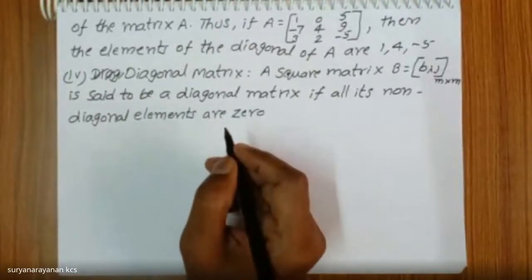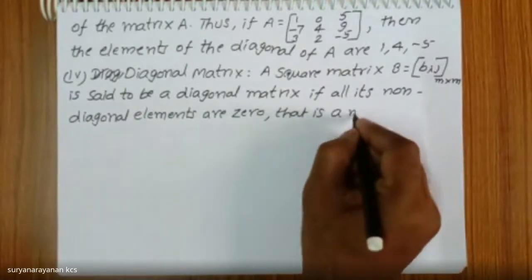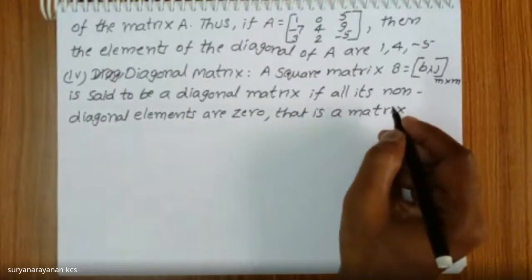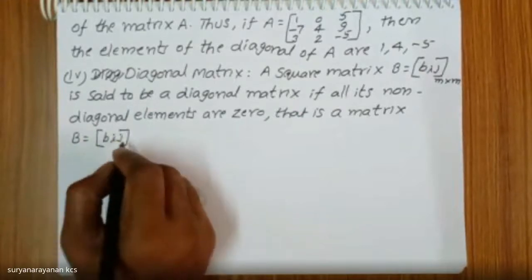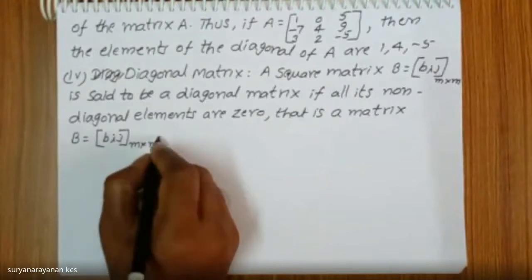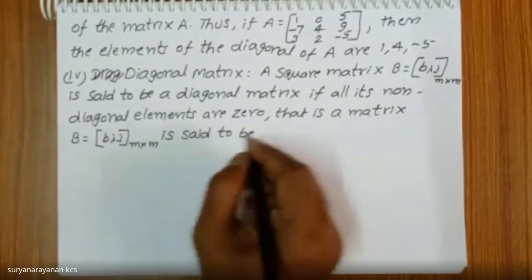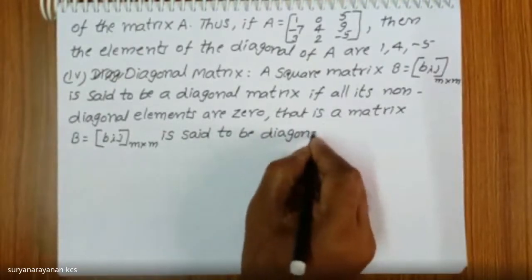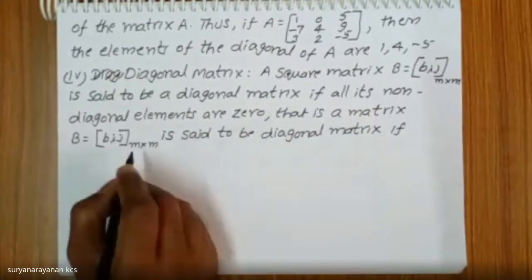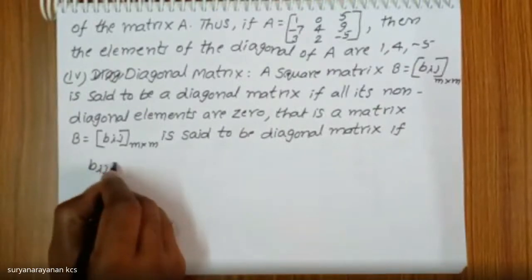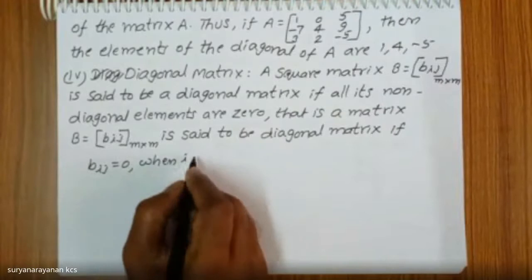Non-diagonal elements are 0. That is, a matrix B equal to the matrix Bij of order m by m is said to be a diagonal matrix if Bij, the element values, are 0 when i is not equal to j.